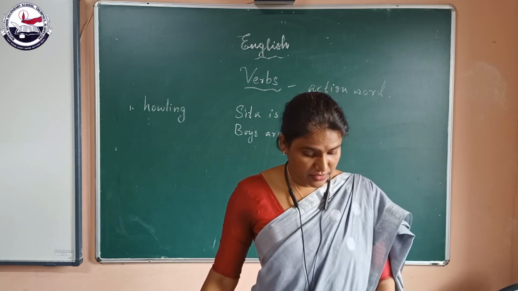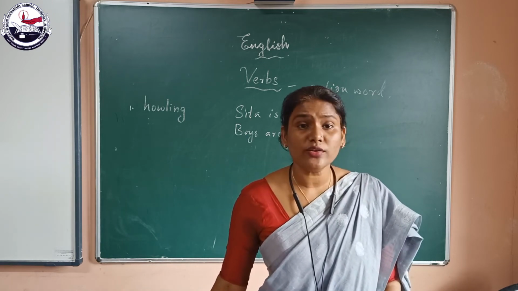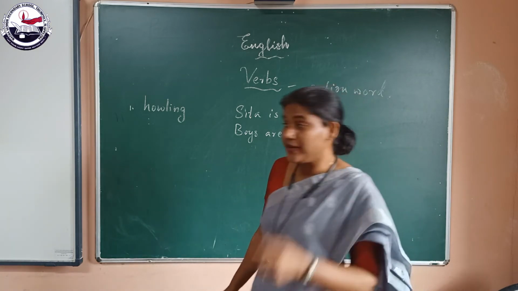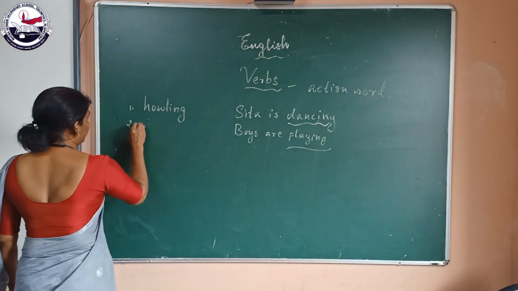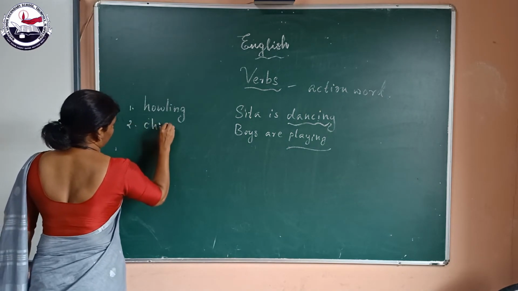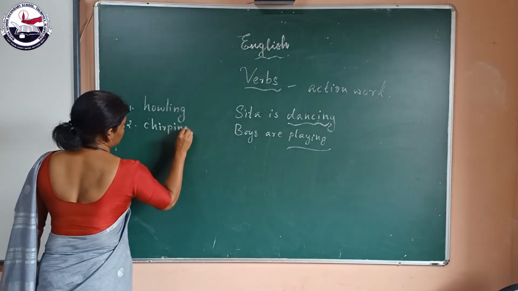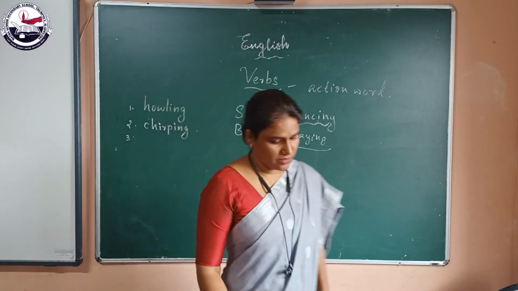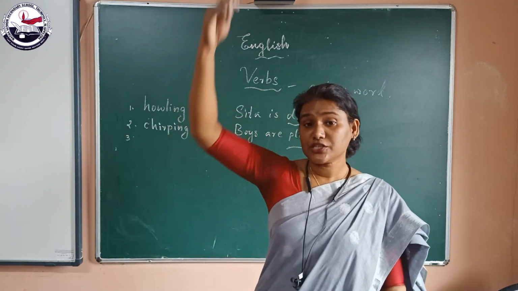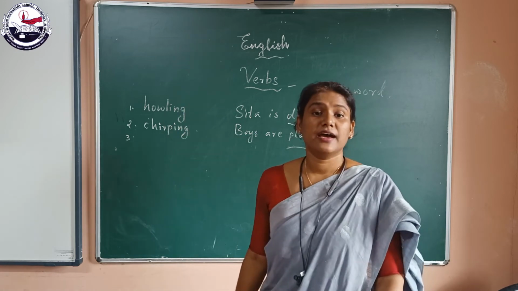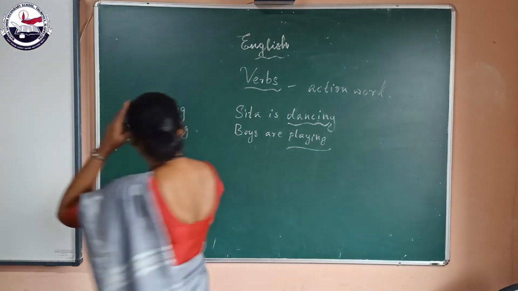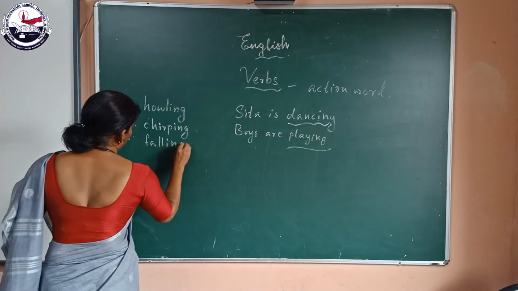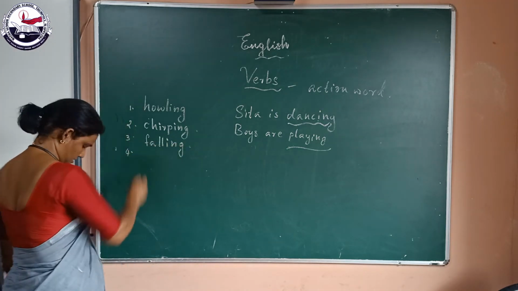Second question. The birds are dash on the tree. Answer is chirping. Next. The rain is dash from the sky. Answer, falling, F-A-L-L-I-N-G, falling from the sky.